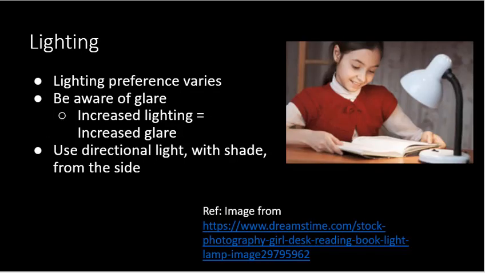In terms of lighting, preference actually varies from person to person, even if they have the same eye condition. So you can't say, okay, all people with macular degeneration need fluorescent lights, whereas all people with glaucoma need halogen lights. It doesn't work like that. So when providing lighting for your patient, you must also be aware of glare in addition to their lighting preference, because increasing lighting also increases the potential for glare.